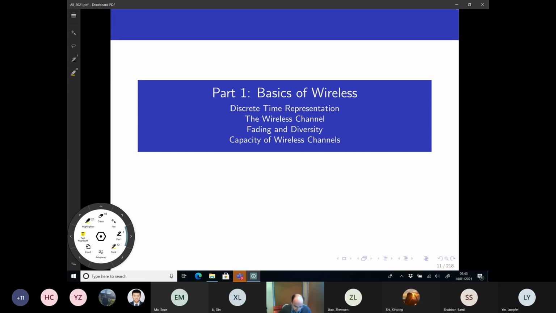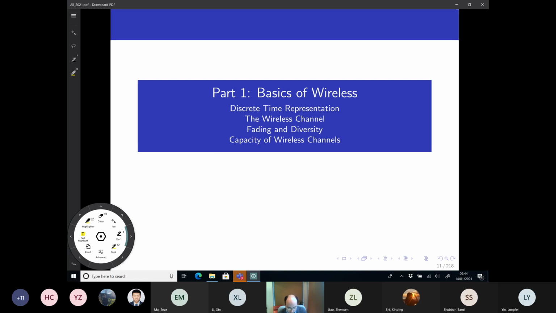So here I will look at 4 different things. The first one will be about trying to clarify a little bit the system model that we're going to be looking at. This is starting from the discrete time representation. This is something that you have seen already in your previous communication course, but I will go over it very briefly to show you where the system models that we use come from.